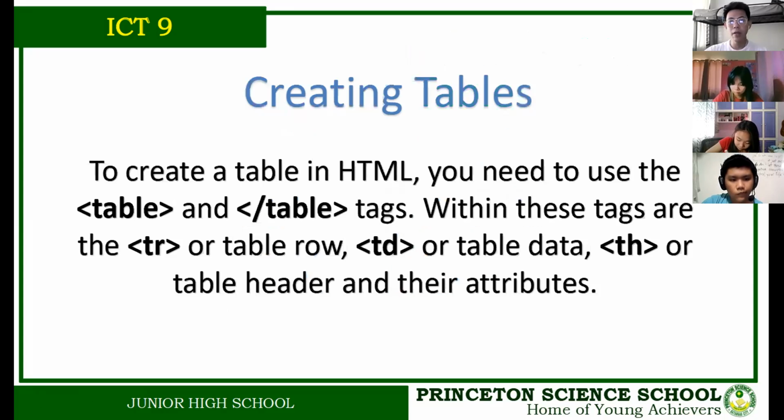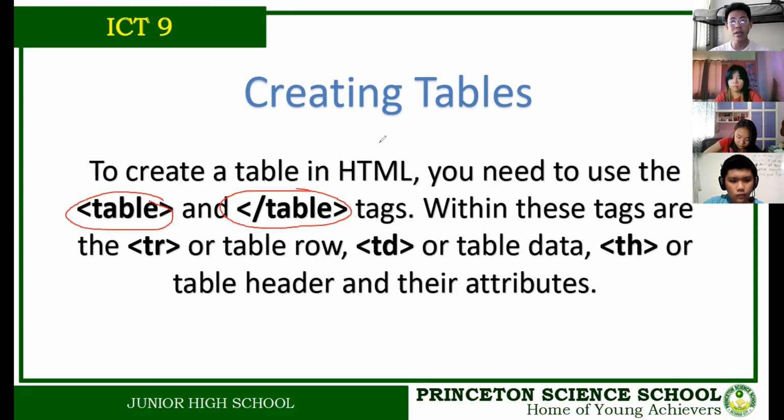So next, we have creating tables. Basically, we already know the parts of the table. So what are the elements that should be present within our table? From there, we already know how we are going to create our table. To create a table in HTML, you need to use the table tags.